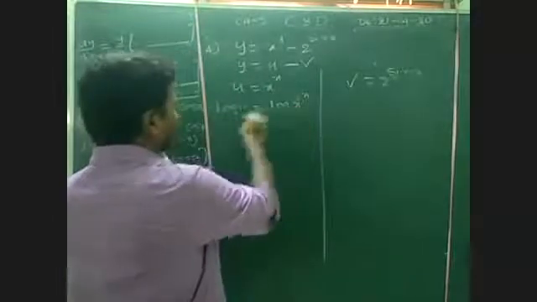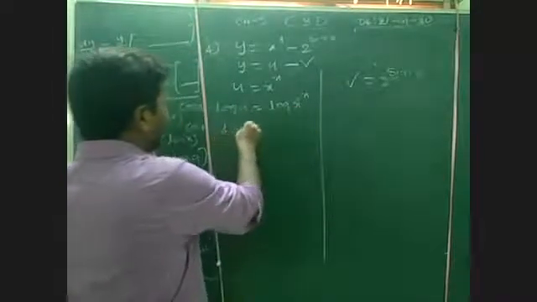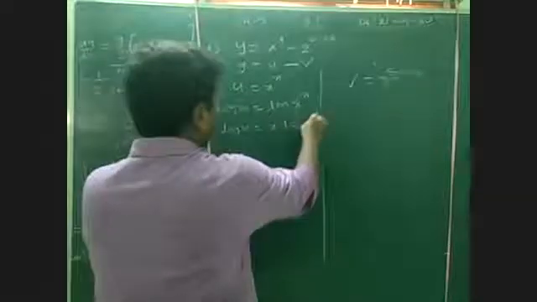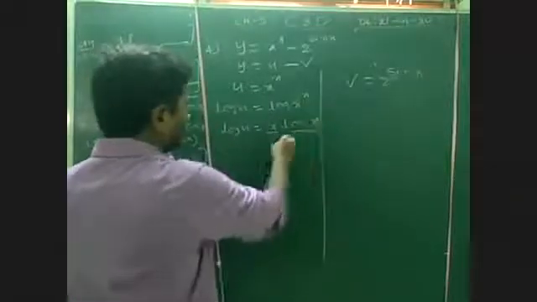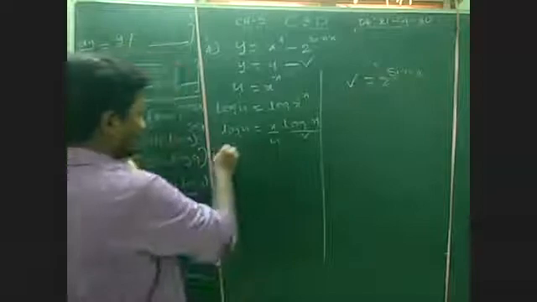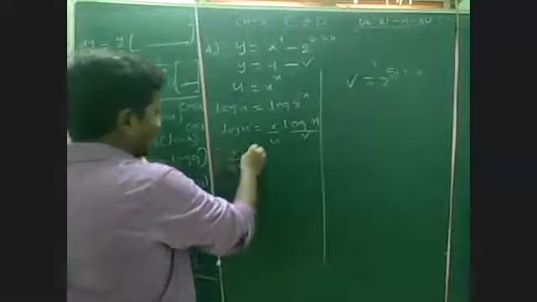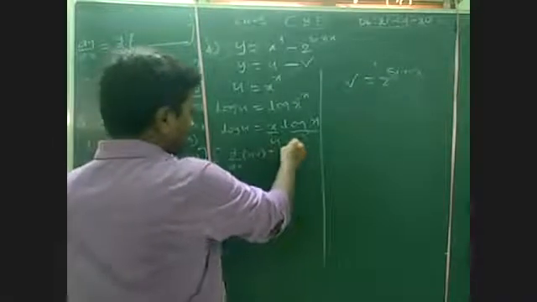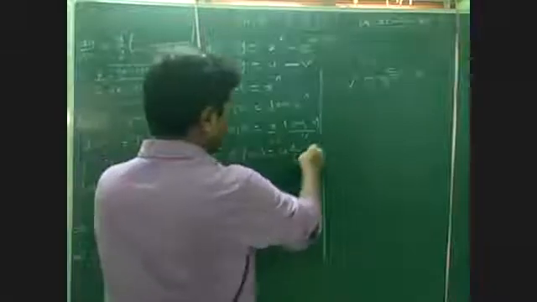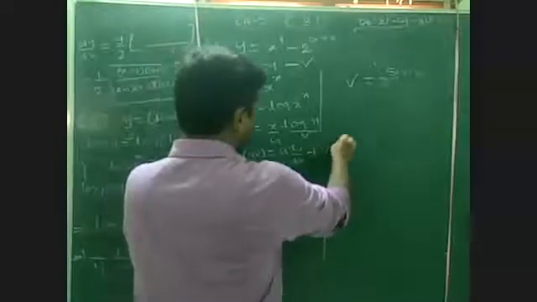Look at it. Now log u is equal to x log x. This is u, this is v. Product rule: d by dx of uv formula is u dv by dx plus v du by dx.